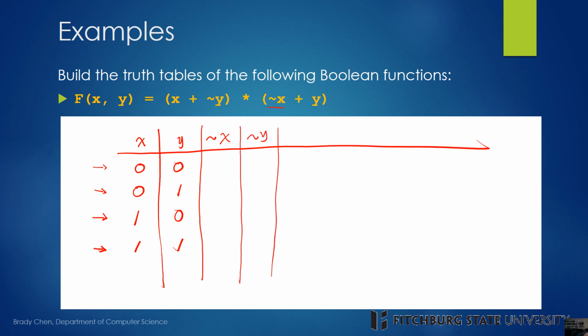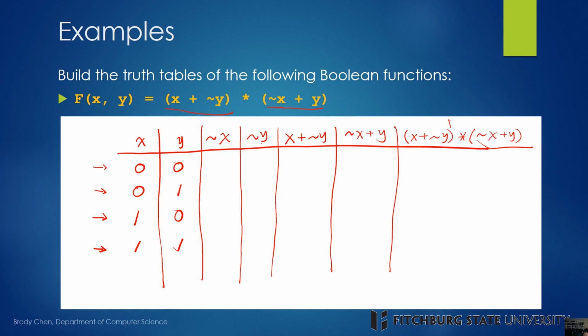Now based on tilde x and tilde y, we will build x plus tilde y, tilde x plus y, that's the second one, and then f of x and y, that's x plus tilde y and tilde x plus y.